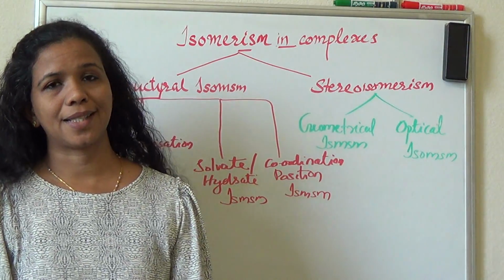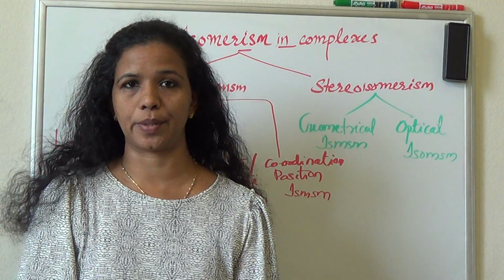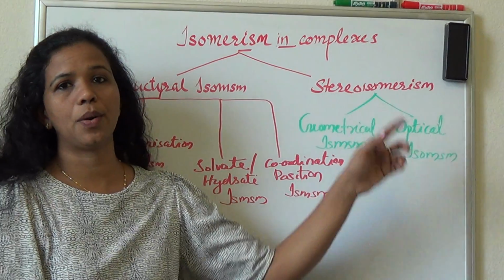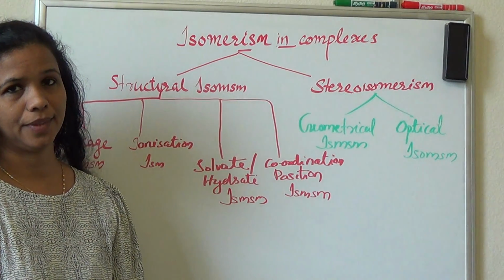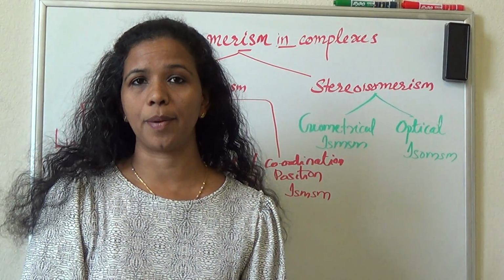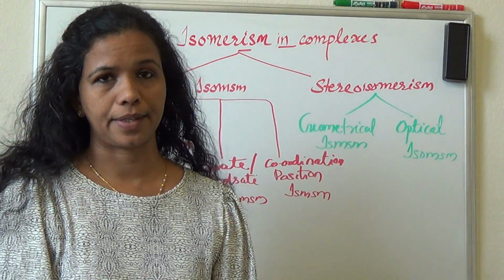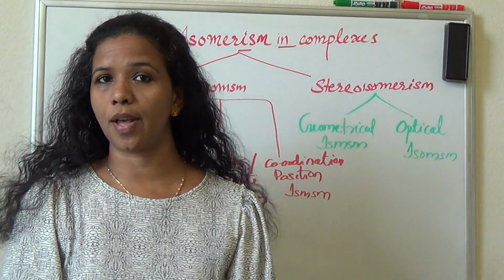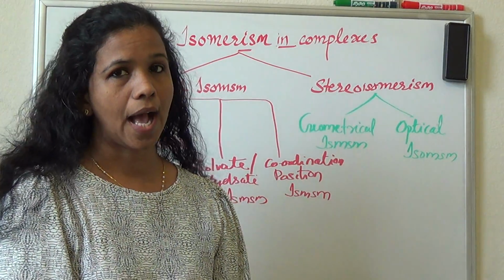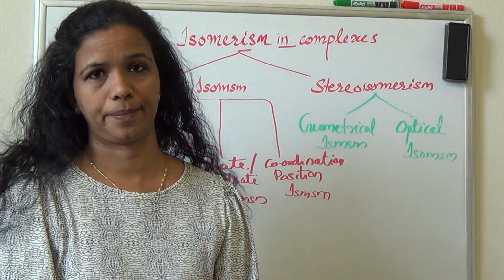The isomerism exhibited by coordination complexes is classified into two different types: structural isomerism and stereoisomerism. Structural isomerism means they have the same molecular formula but their structural arrangement, that is their bonding, will be different. Molecules with the same molecular formula and different structural arrangement are called structural isomers, and that phenomenon is called structural isomerism.